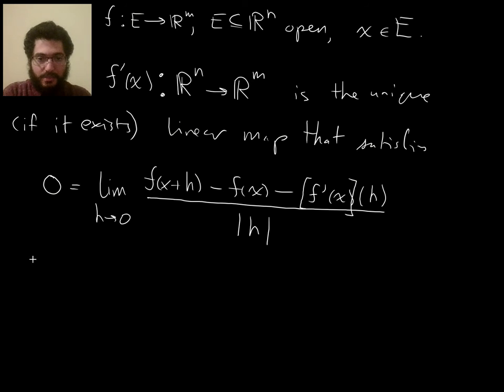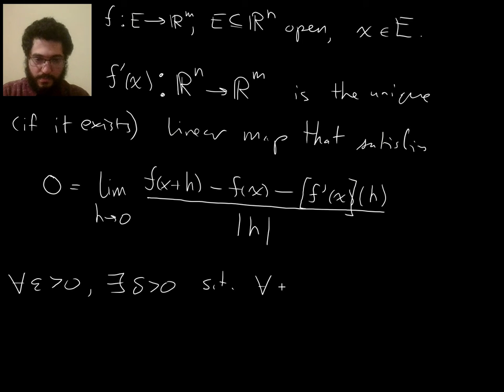So in terms of epsilons and deltas, what is this saying? Just translating this limit statement, it's saying for all epsilon greater than 0, and never write like this in your proofs, but I'm just writing schematically here for easy demonstration, for all epsilon greater than 0, there is a delta greater than 0, such that for all h within delta of 0 and not equal to 0.